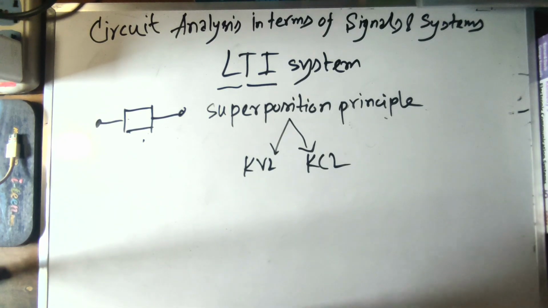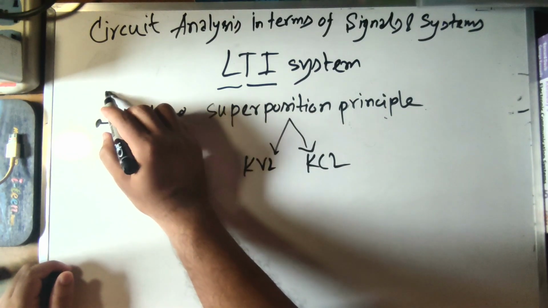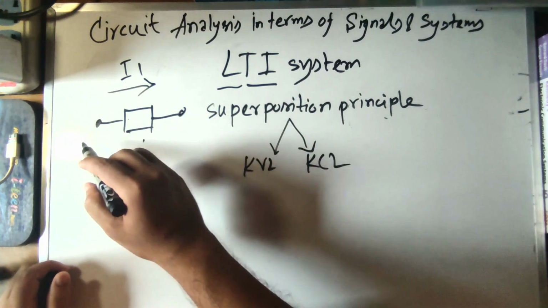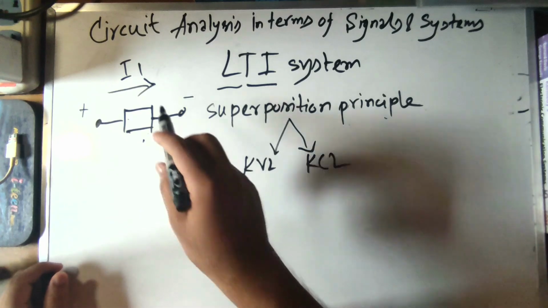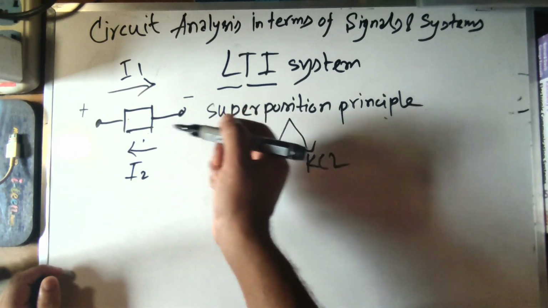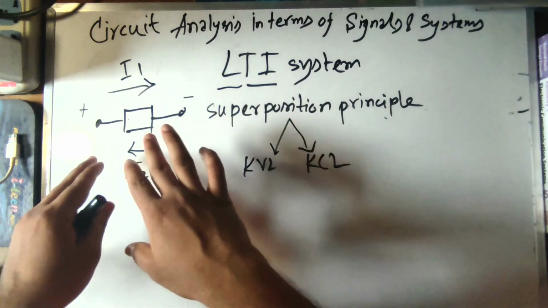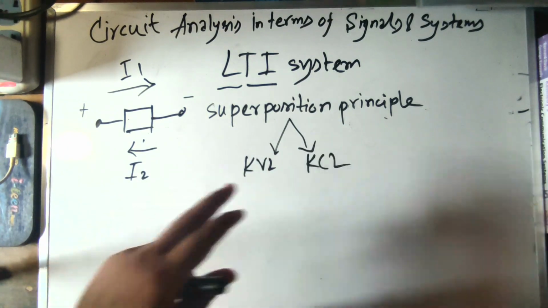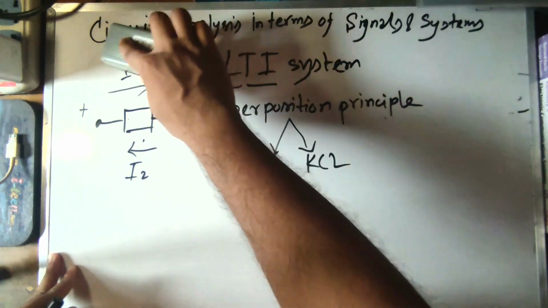By superposition, if a current I1 is going through this element from the plus point to the minus point, and another current I2 is going through from minus to plus, what will be the resultant current on this element?